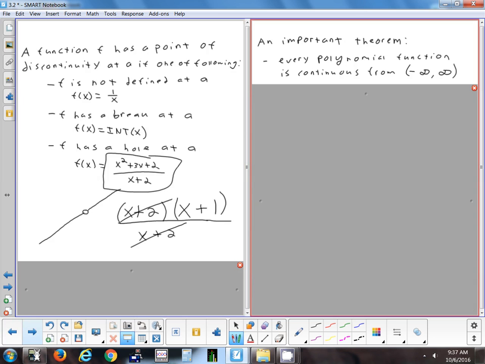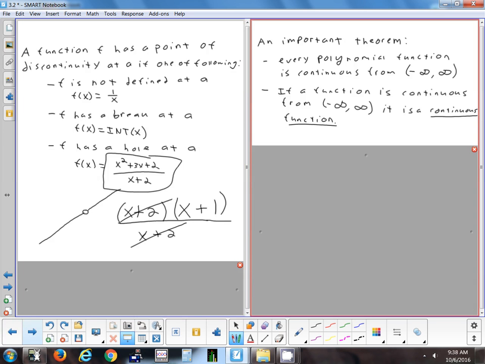Okay, remember, polynomials are expressions that have positive exponents, no decimals as exponents, and they have coefficients, like 5x cubed minus 3x squared plus 8x. That's a polynomial. Okay. And we also mentioned that the domain of every polynomial is negative infinity to infinity. Okay, so polynomials are always continuous.